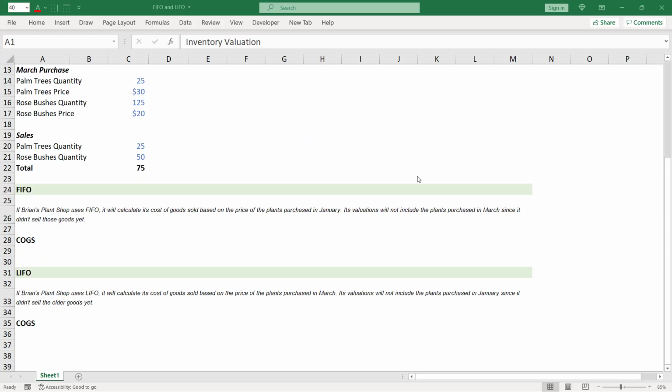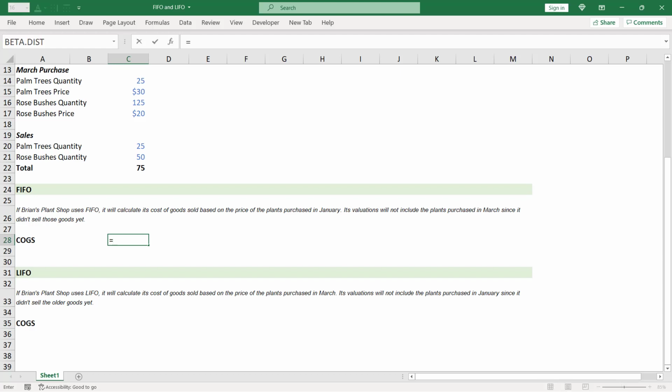First, we're going to take a look into the FIFO method. If Brian's plant shop uses FIFO, it can calculate its cost of goods sold based on the price of the plants purchased in January. Its valuation will not include the plants purchased in March since it didn't sell those goods yet.